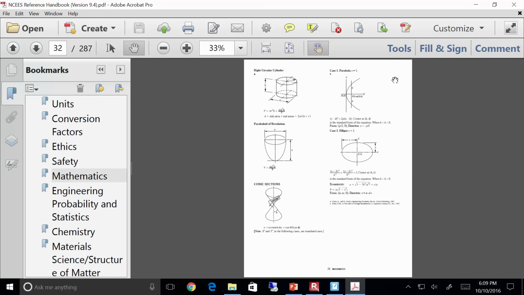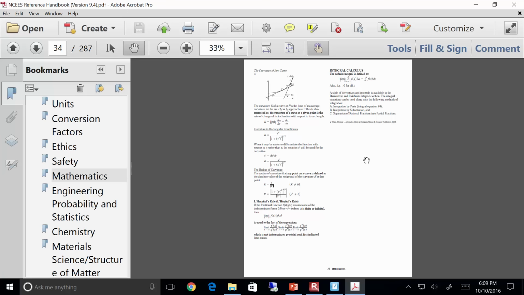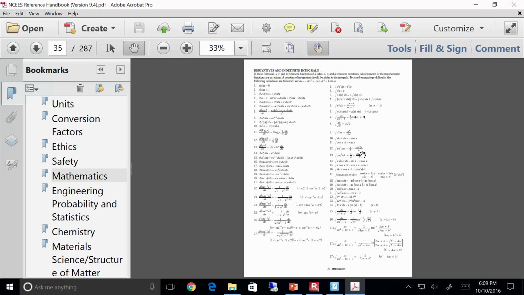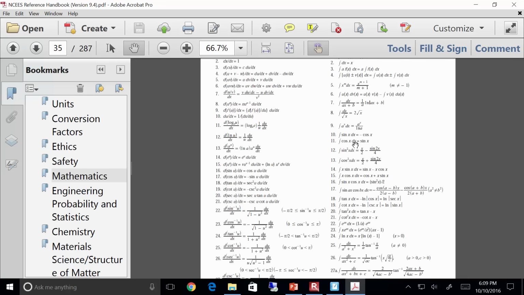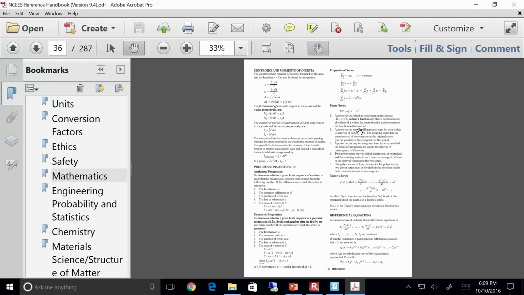So parabolas, ellipses, hyperbolas, circles, differential calculus, the derivative, integral calculus, the integral, all your derivative identities and integral identities that you will need on the exam, centroids, moments of inertia, series, power series, Taylor series, Diffie-Q.